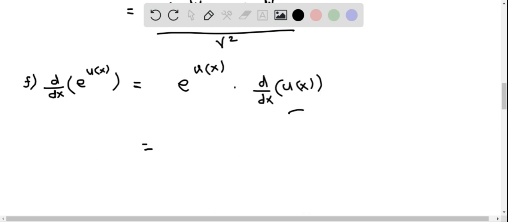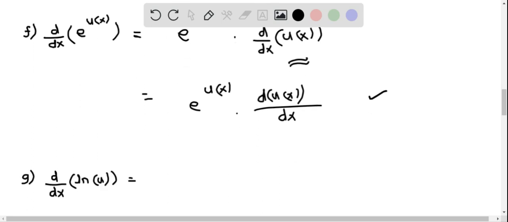Now we can write this in simplified form, that is d of u of x over dx. We then have e to the power u of x. So it's basically e to the power u of x times d of u of x by dx, which is the derivative of u of x with respect to x.